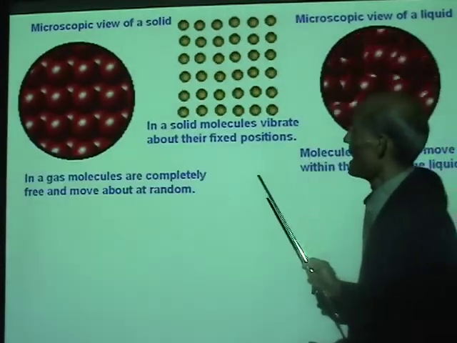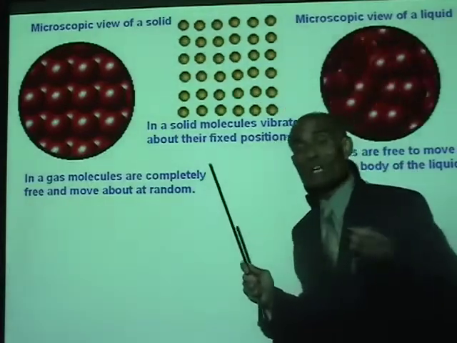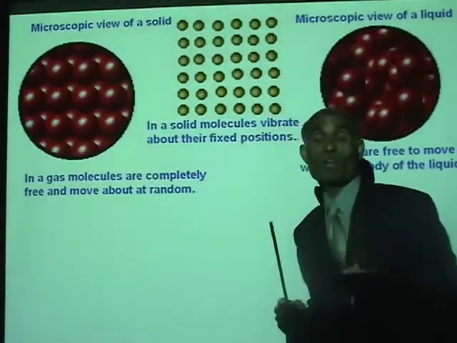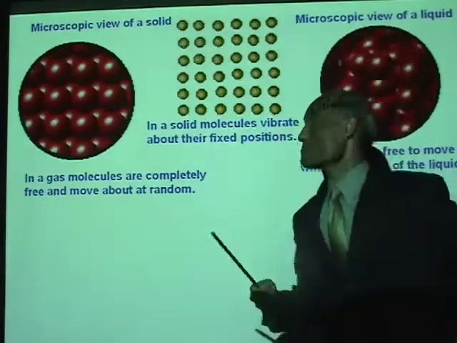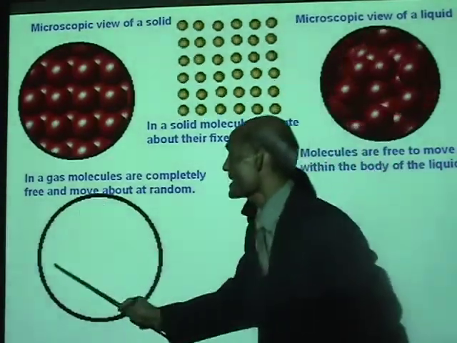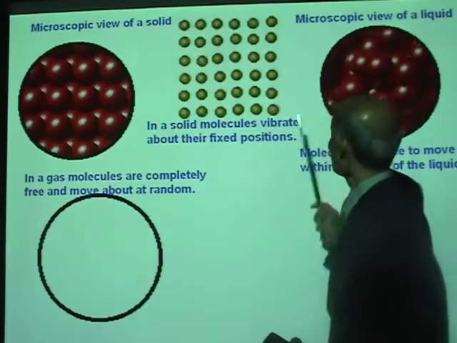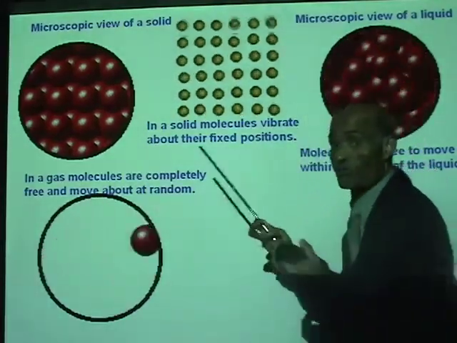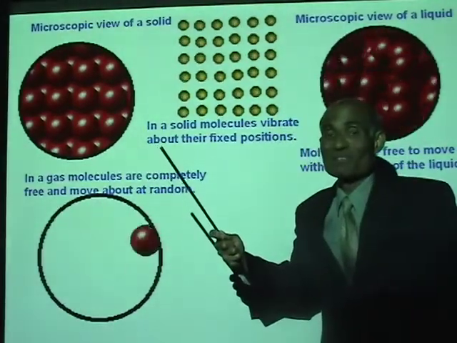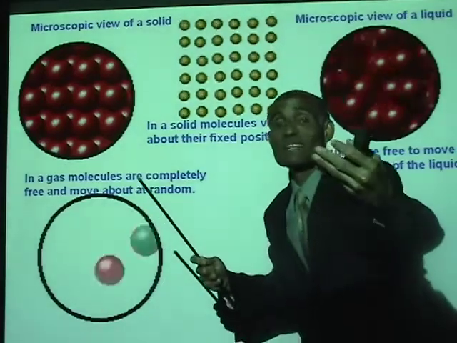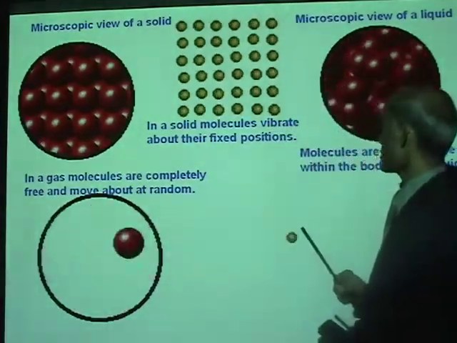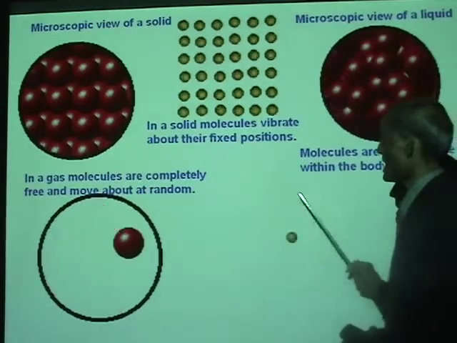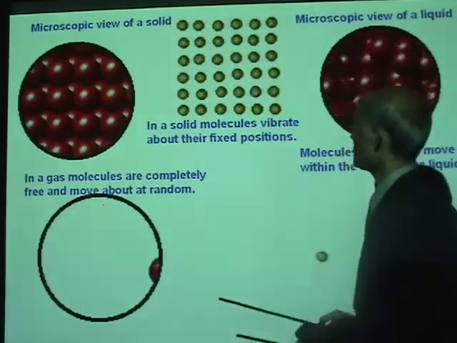And once the boiling point is reached, the molecules are now ready to free themselves. They are now free. And the amount of energy absorbed to free themselves is a measure of the latent heat. And during that time, temperature does not change. They are now free to move about.